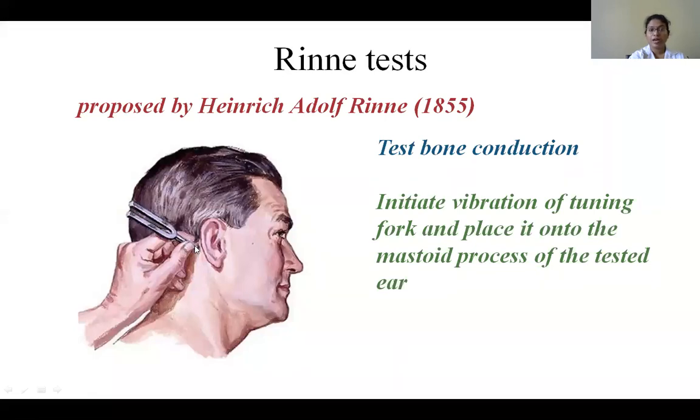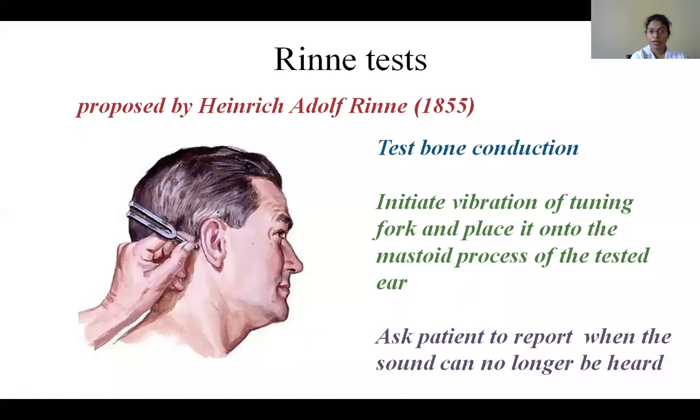Okay, so this is how you should keep the foot plate or the base of the tuning fork on the mastoid process. So first set the tuning fork into vibration and then place the base of the tuning fork over the mastoid process. Now because of this vibration, the skull is set into vibration and the person will hear the sound through bone conduction.